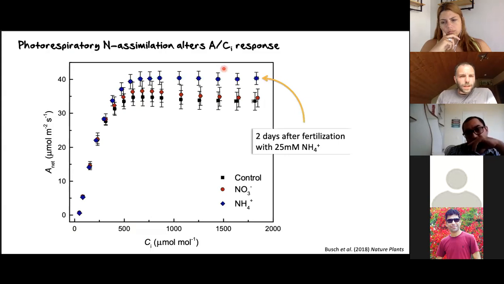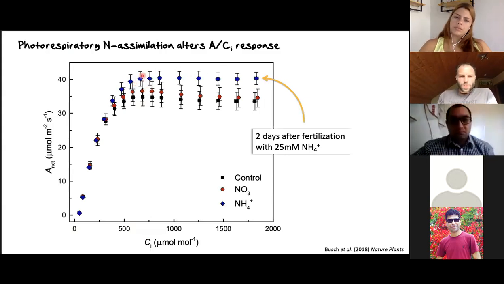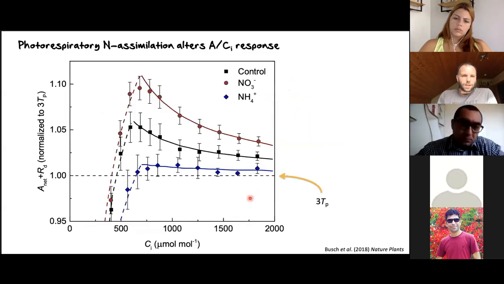But what we're really interested in is, how big is that hump in the middle here? So if we scale this to the triose phosphate utilization rate in the end, we get this here, and you can see clearly. As we add nitrate, we increase this hump in the middle, and as we add ammonia, we decrease this hump.